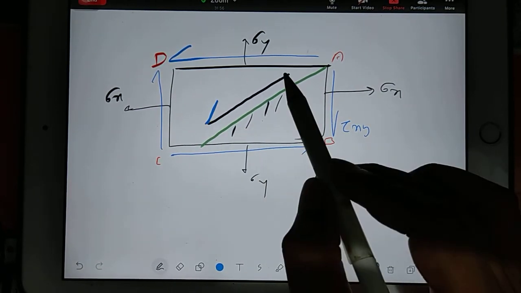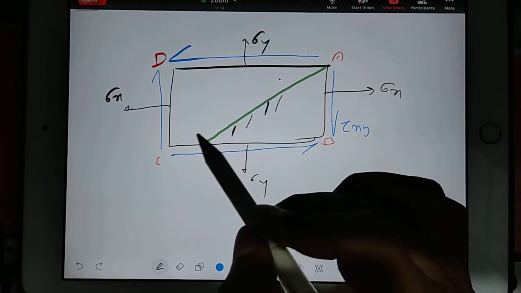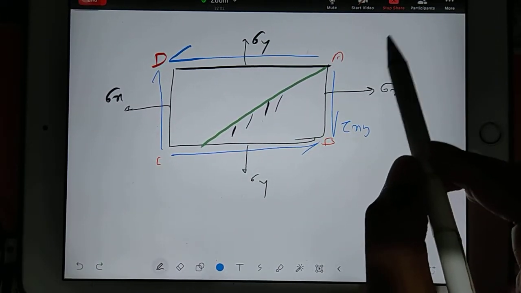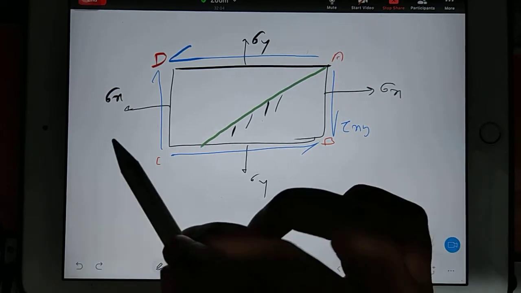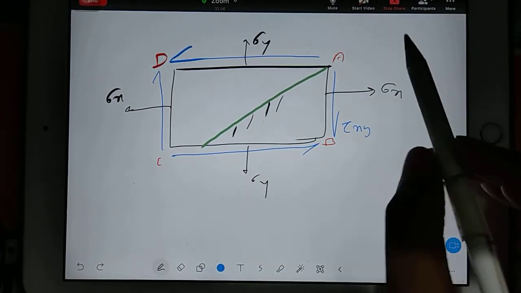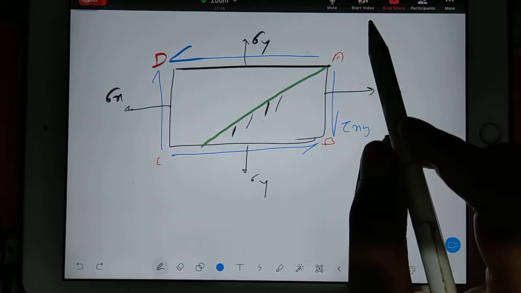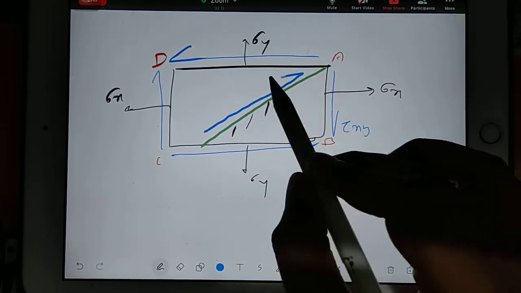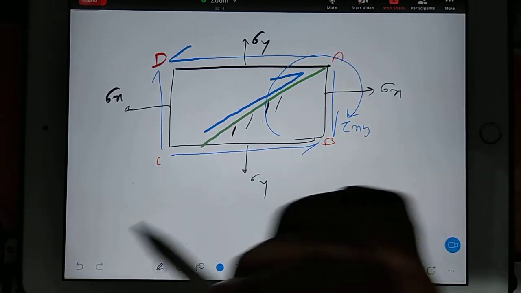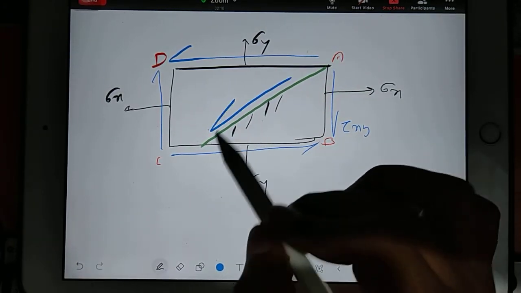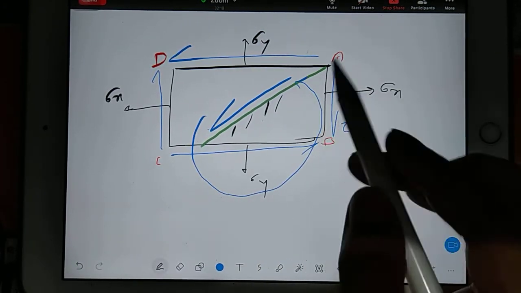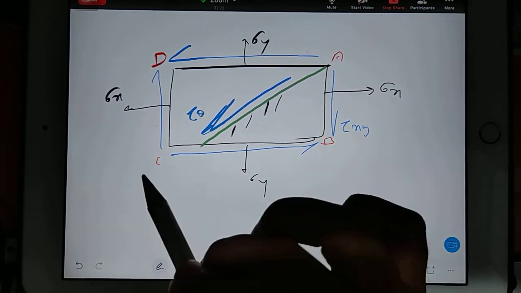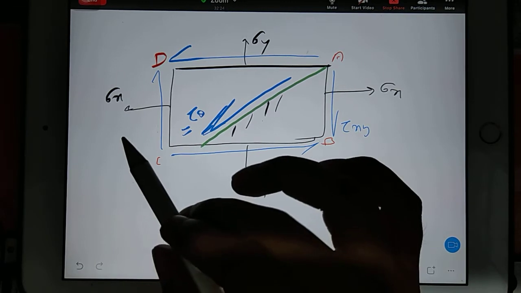You'll put the arrow like this, or you'll put the arrow like this. Which arrow will be comfortable? So for that, what will you do? You check your main answer which is coming from the Mohr circle is positive or negative. If that is negative, then it should be anti-clockwise. Anti-clockwise means it should be like this. Then it will take like this. Oh, so it became clockwise. So take like this. So it will turn the entire thing like this. So it became anti-clockwise. So whatever answer will come, that will be your tau theta. So answer you can find out from Mohr circle.